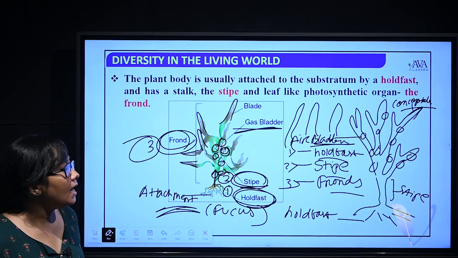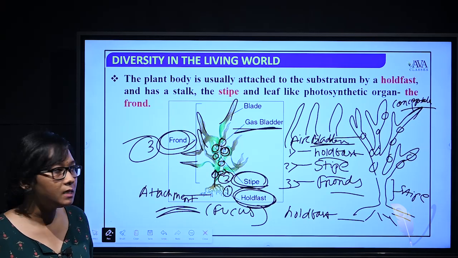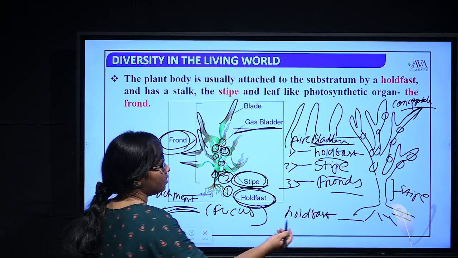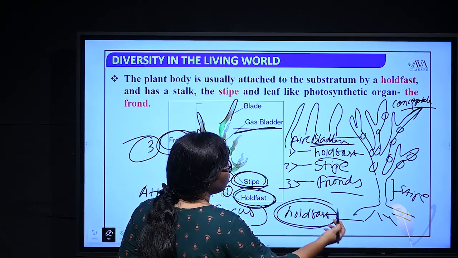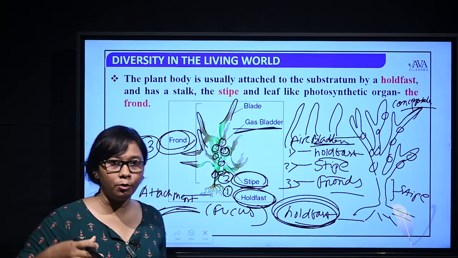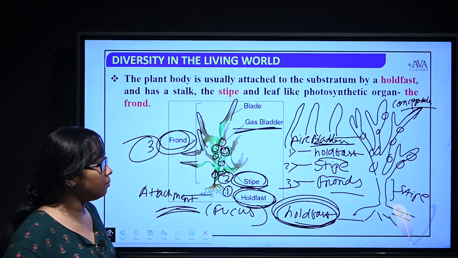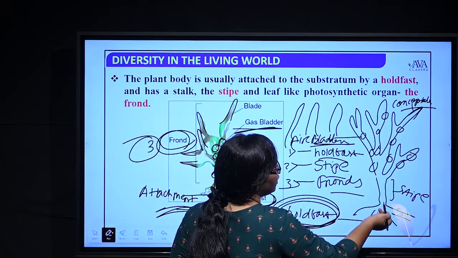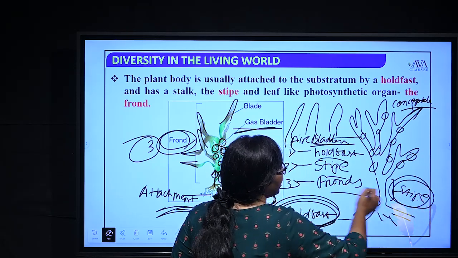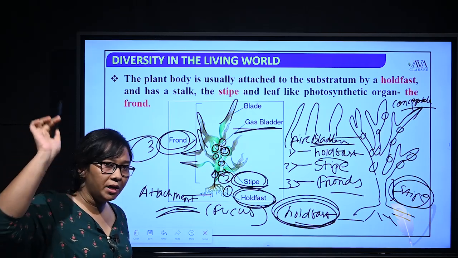You see that their plant body is generally divided into three parts. They are the holdfast, which has the purpose of holding or attachment to a substratum, and there is another area called the stipe. It extends from the holdfast to the main frond area.